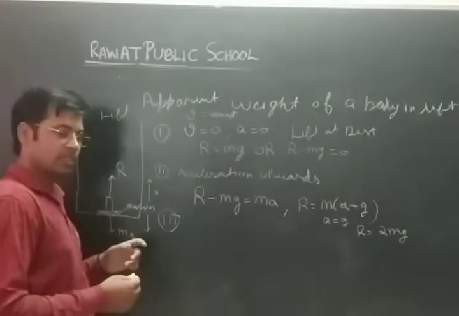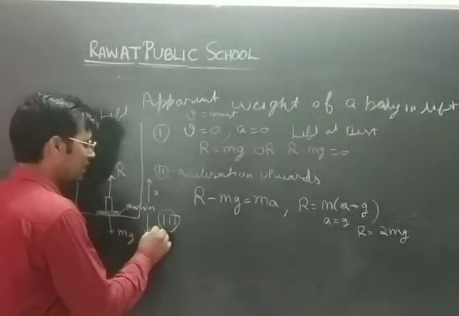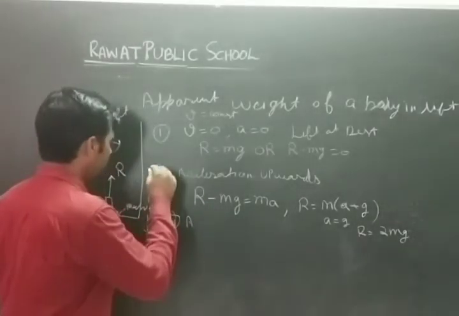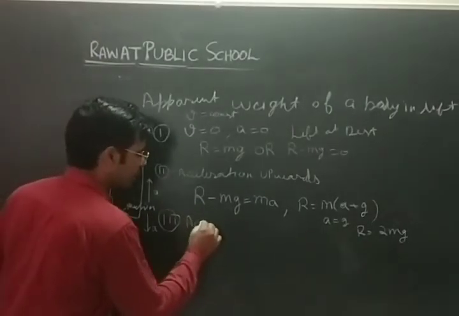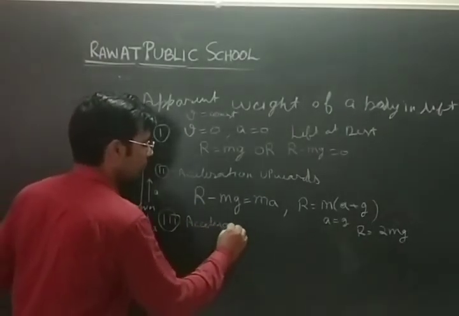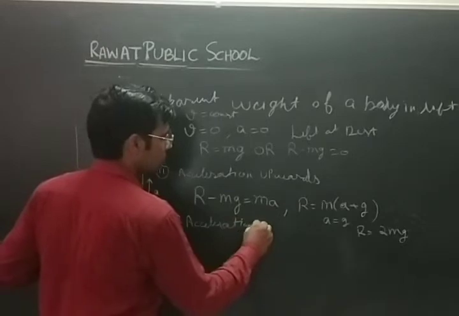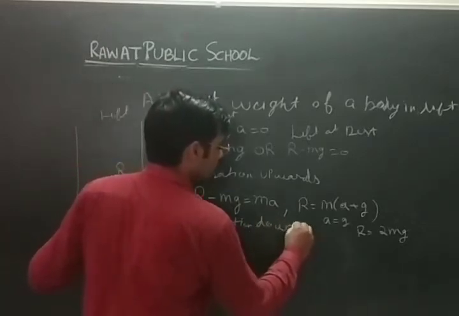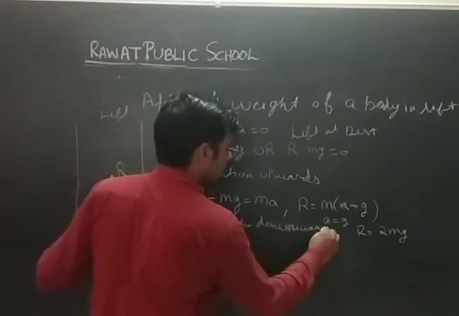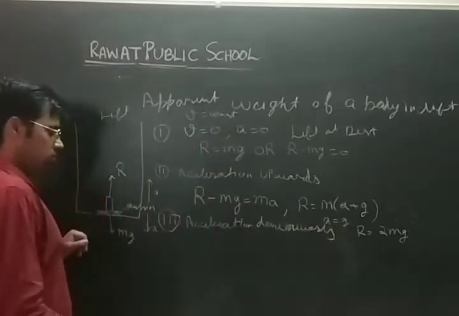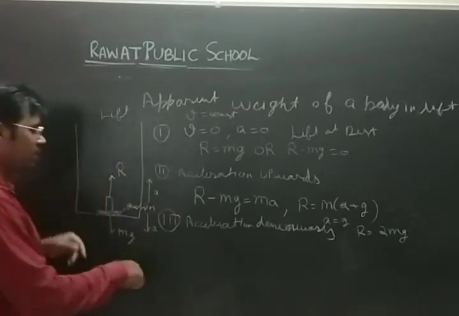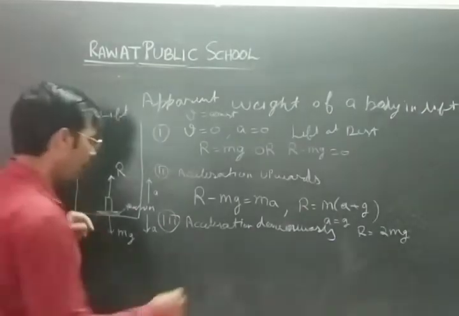Now the third case, when the object is moving downside and the lift is moving downside, that means acceleration is downwards. In that condition, which force will be maximum? mg.